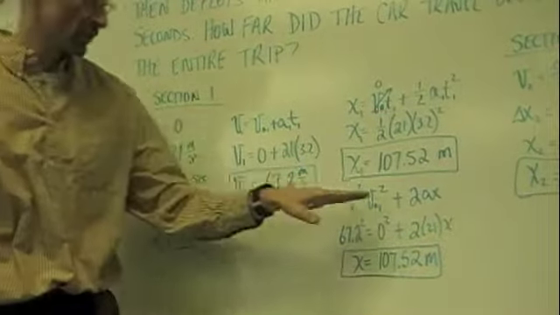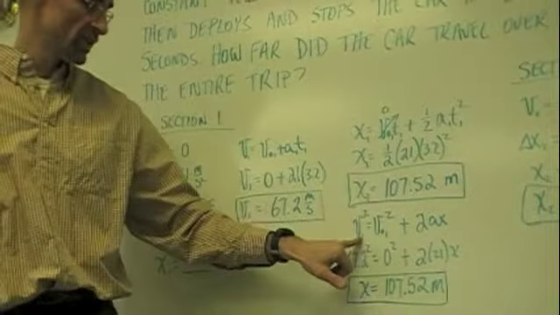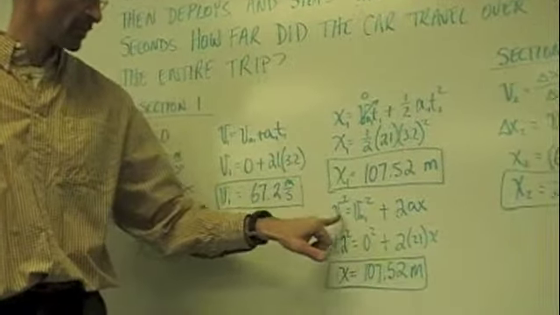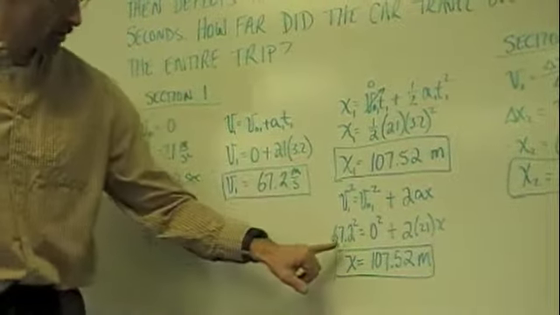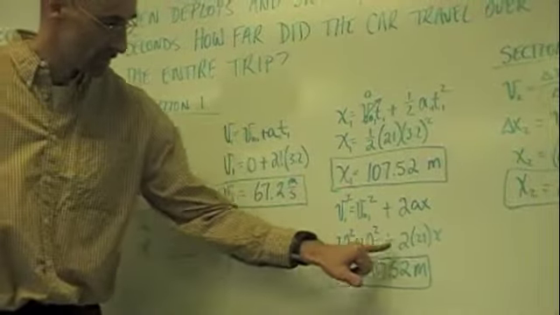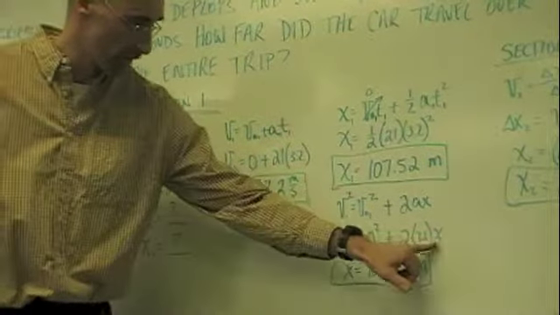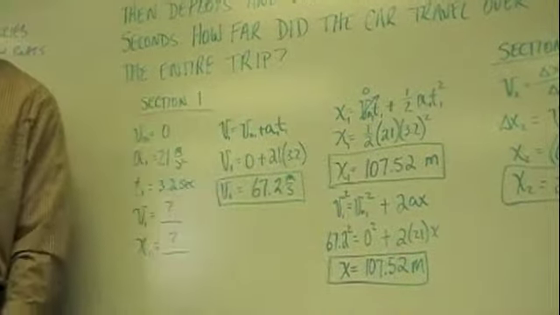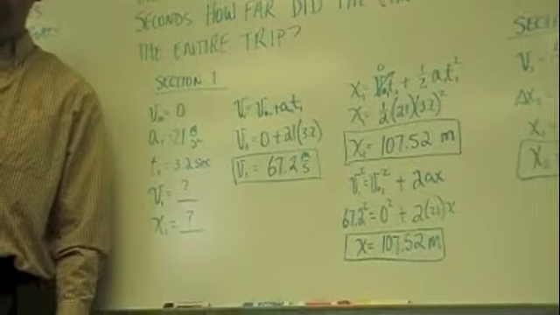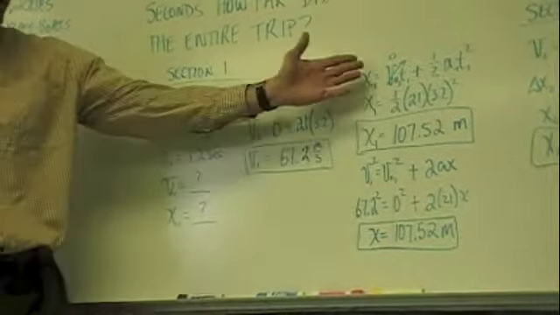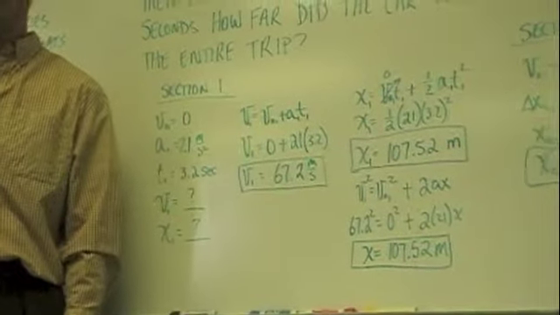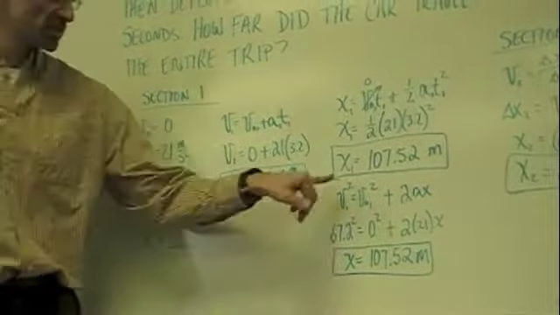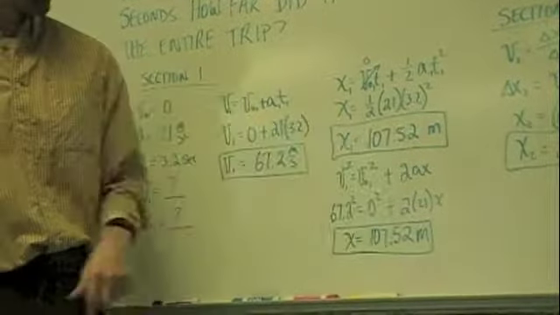So you'll see what I've done is I chose v squared equals v naught squared plus 2ax. And when we plug those numbers in, noticing there's no t component here, do we come up with the same distance? Right. So multiple ways using the kinematic equations to come up with the same answer. Okay. So you'll notice the distance traveled was 107.52.